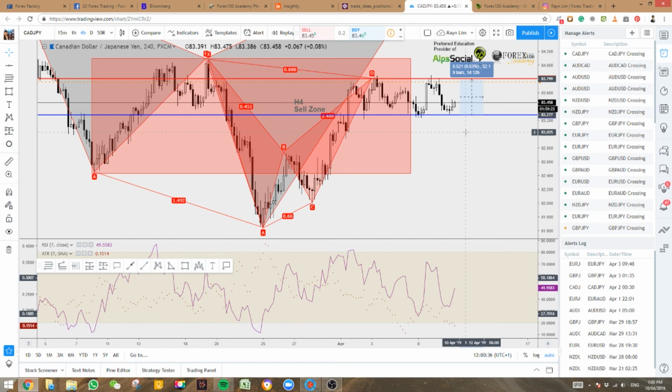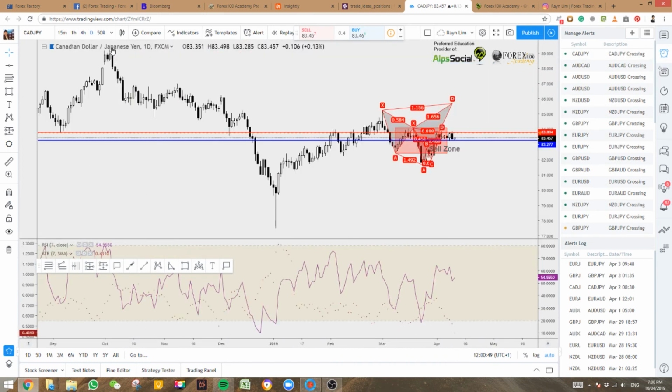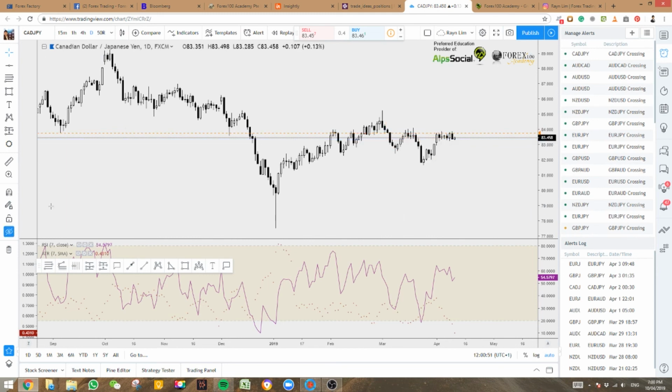Alright, so two outcomes I'm looking at: market break this channel downwards, hit my harmonic pattern, or it will break this harmonic pattern upwards, causing it an invalid pattern. So when market break upwards from this price, where is it likely to go?